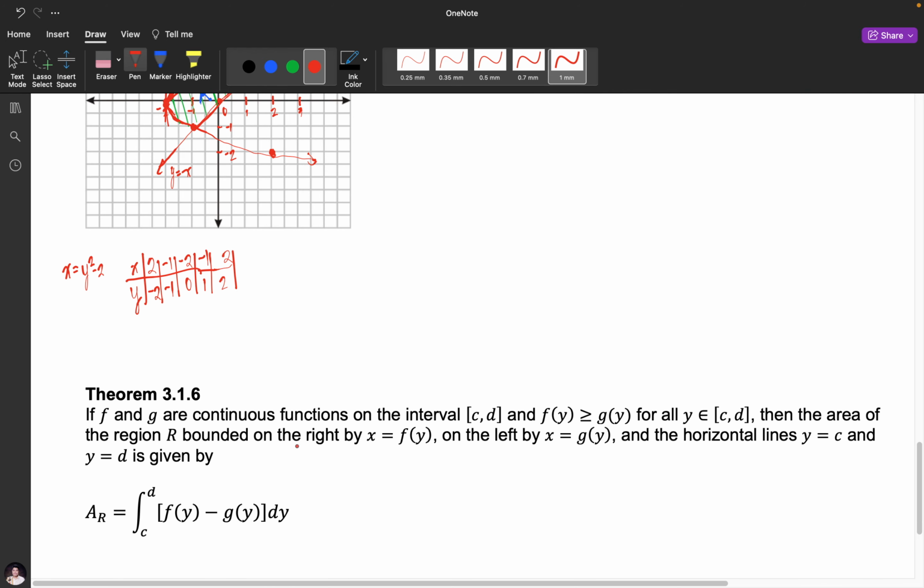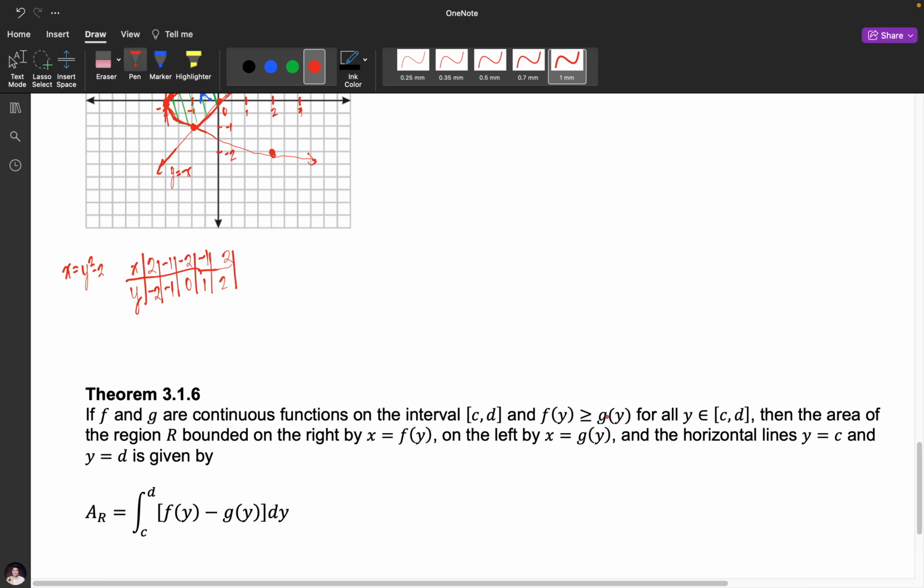Okay? Ang sabi dito, if f and g are continuous functions on the closed interval c and d, and f of y is greater than or equal to g of y, so this is in terms of y. Okay, ang kaibahan kanina is in terms of x.